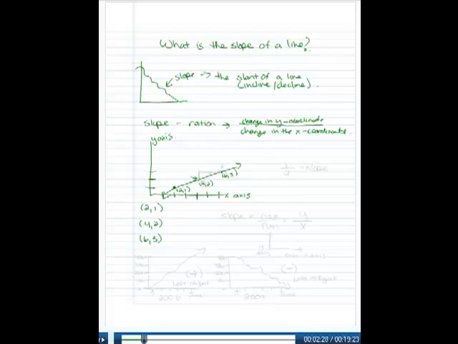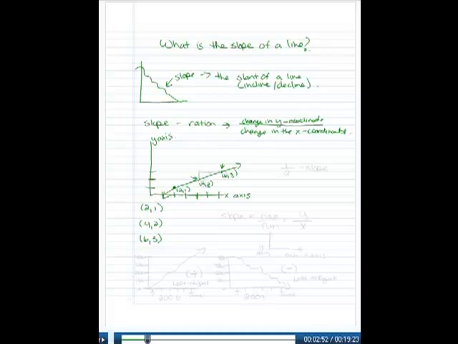And point (6, 3) is at number 6 on the x-axis and number 3 on the y-axis.